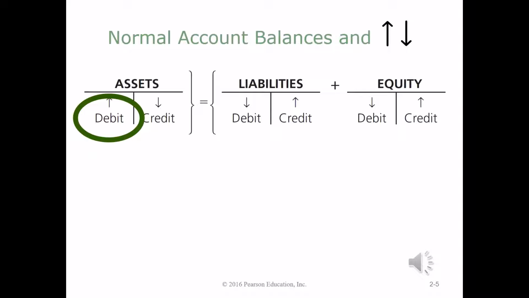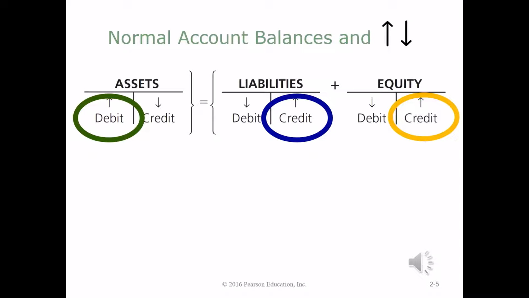Liabilities are always increased with a credit because they have a normal credit balance. And equity also, these accounts are always increased with a credit because they have a normal credit balance. Whether an account is increased or decreased by a debit or a credit depends on the type of account and its normal balance.